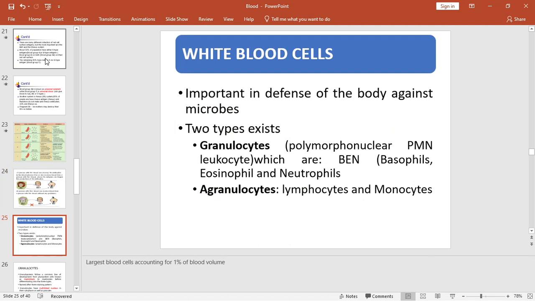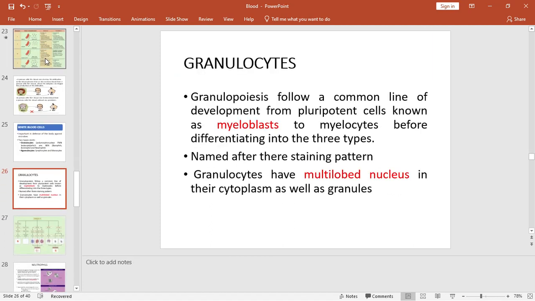Very quickly, guys, I would like to just give you a little bit of detail on the white blood cells. So we have the granulocytes and the agranulocytes. We've already talked about it. So the granulocytes, we did say, come from a common origin, which is after the pluripotent cell.